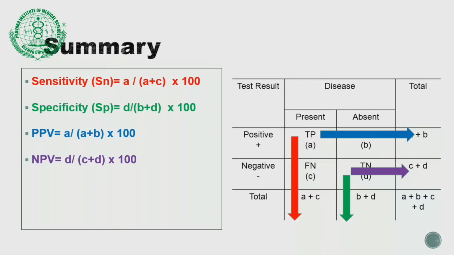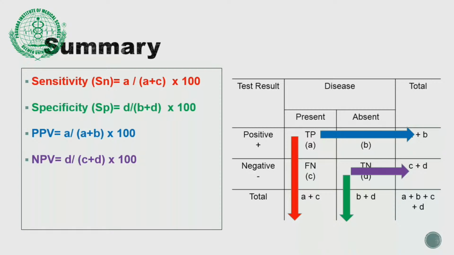To get the formula of sensitivity, you draw a downward arrow from the first column of the 2 by 2 table like this. So the formula is A upon A plus C into 100. For specificity, you draw the smaller arrow on the second column, that is D upon B plus D into 100.